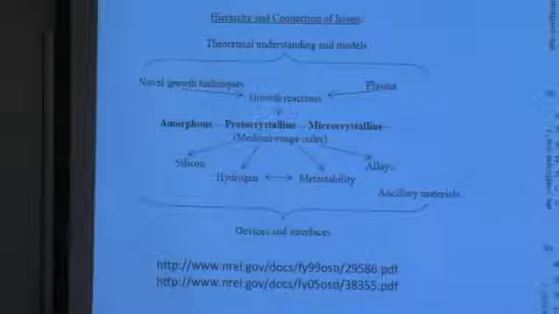And if you're interested in more details, these NREL reports from the late 1990s and early to mid-2000s are really a treasure trove of information if you really want to get up to speed quickly on how to grow high-quality amorphous silicon layers.